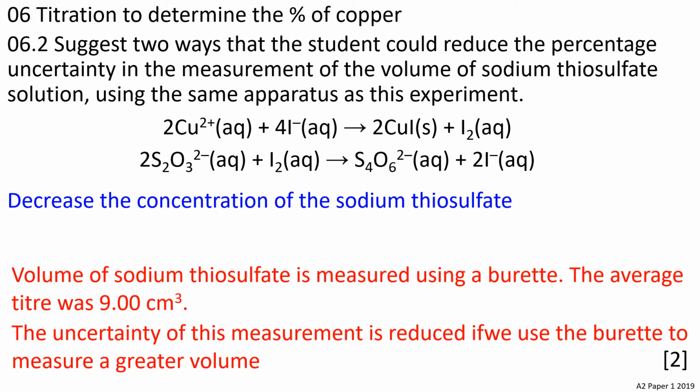The copper 2+ ions originally started in the alloy, so we could increase the mass of the alloy that we used. That's the second way that we could decrease the percentage uncertainty of using the burette to measure the volume of sodium thiosulfate.